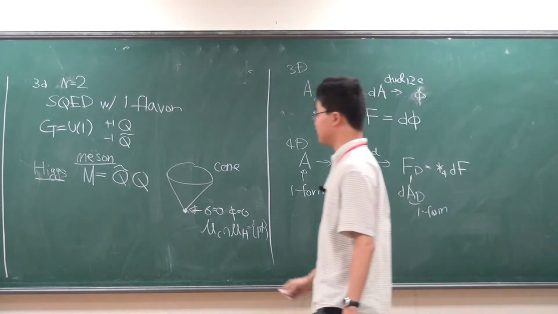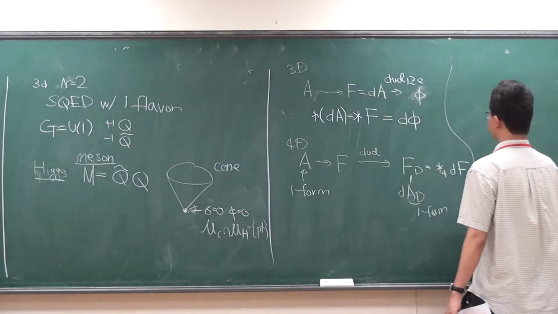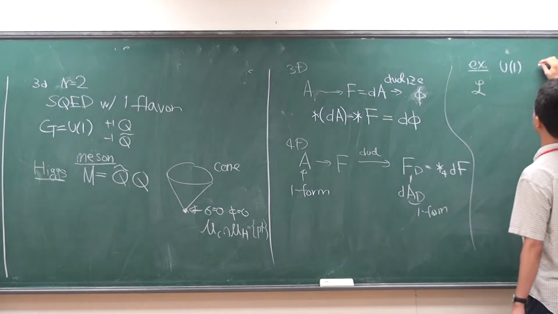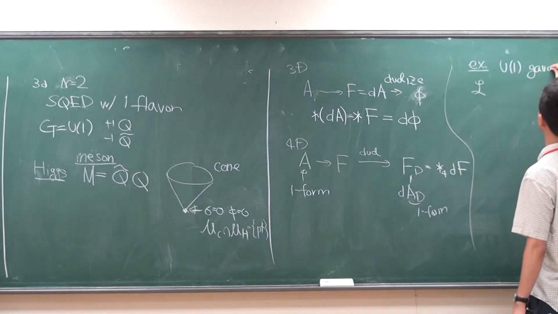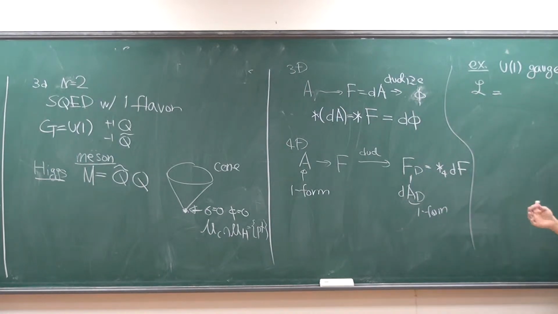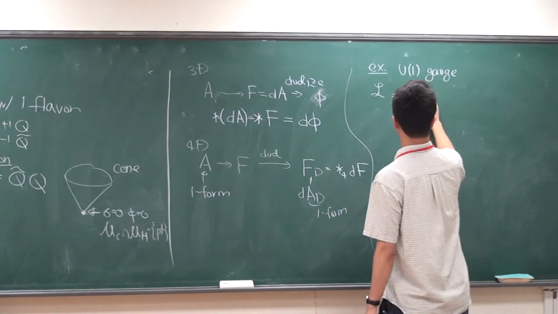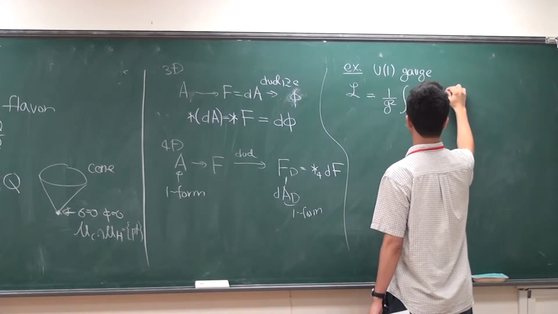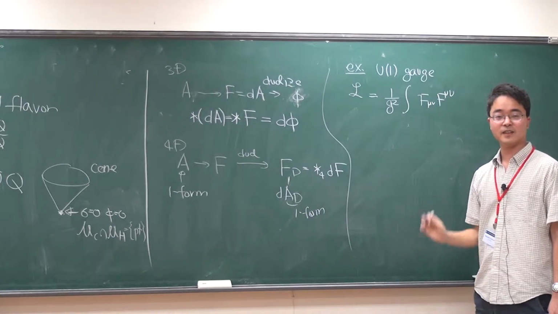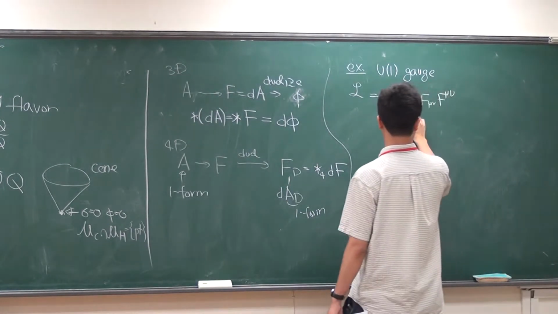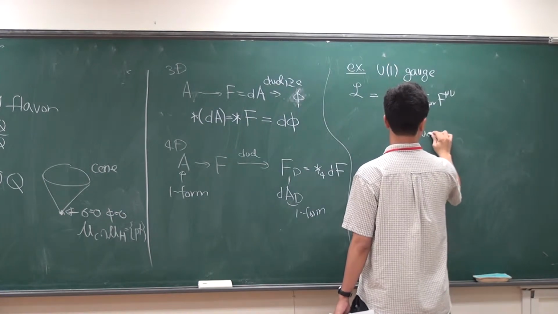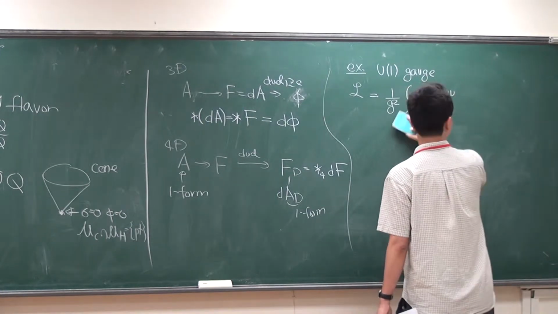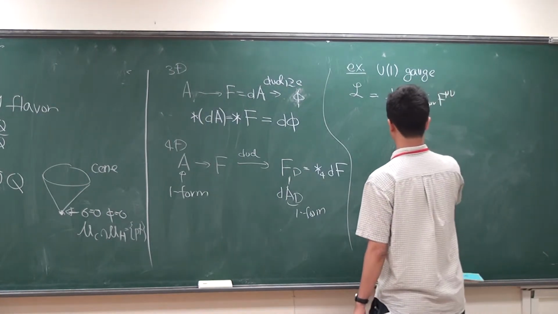And you can discuss it a little bit more explicitly. In fact, this is a good exercise. Let's start with this U(1) gauge theory, an abelian gauge theory, and forget about all the fermions. Let's take a gauge theory, it's U(1), so F mu nu. The exercise shows that you can dualize this. I could almost give you an answer. Maybe I don't have time, so maybe I could state the answer.